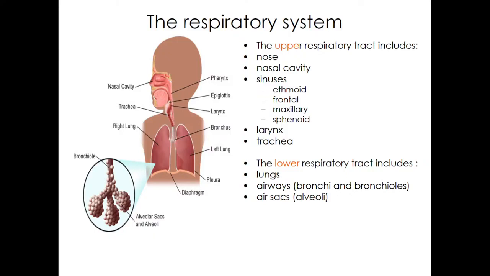The lower respiratory tract includes the lungs, airways, bronchi, and bronchioles, and alveoli.